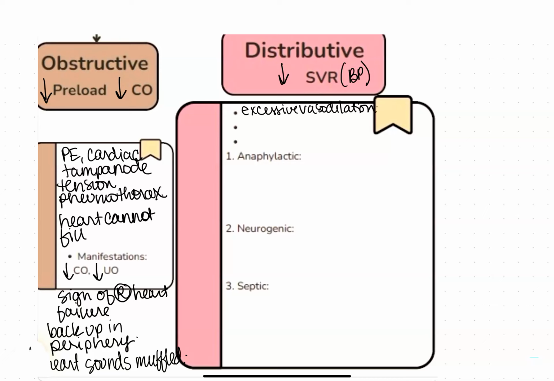The vessels become so dilated and so widened that there is no possible way to have enough cardiac output to fill them. Although there is a decent amount of cardiac output because the heart is able to pump, the severe vasodilation of the vessels makes it almost impossible to fill them up to obtain an appropriate blood pressure. Basically, there's a relative lack of cardiac output due to this expanded vascular space.